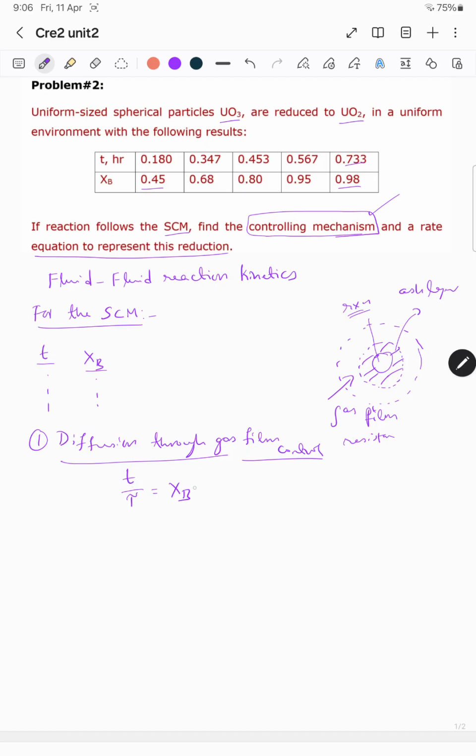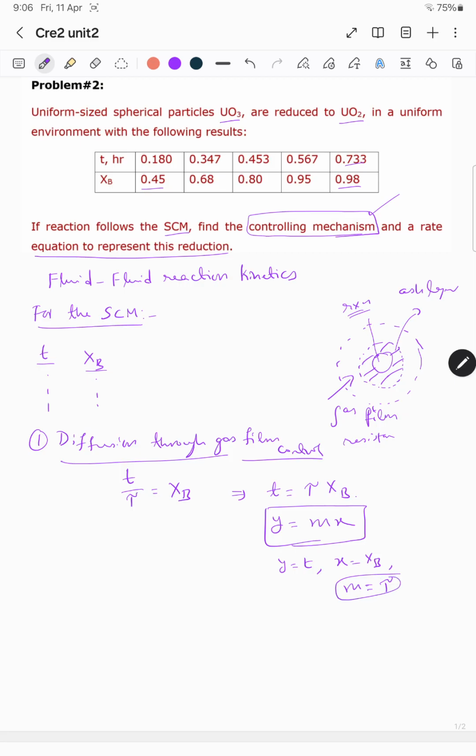Since it is a linear equation, I can write this expression as t is equal to tau into xb. Now as the data is already given, t versus xb, it is in the form of a linear equation y is equal to m x, and intercept is 0. So it is a linear line equation, where y is equal to t, x is equal to xb and slope is tau.